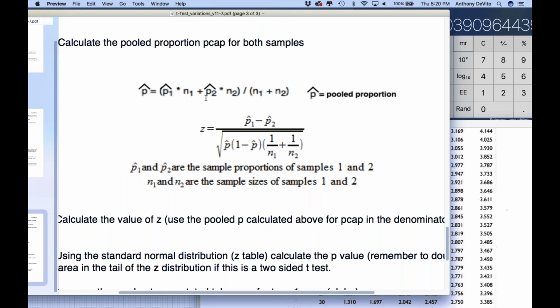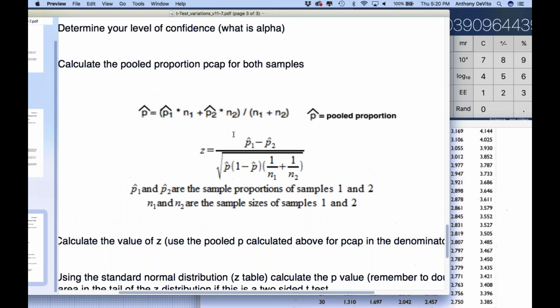And how do you calculate that? It's the proportion 1 minus proportion 2. In other words, if one sample gives you a proportion of 15%, the other gives you a proportion of 20%, that'd be 0.05, the difference, over the square root of p cap times 1 minus p cap times 1 over n1 plus 1 over n2.